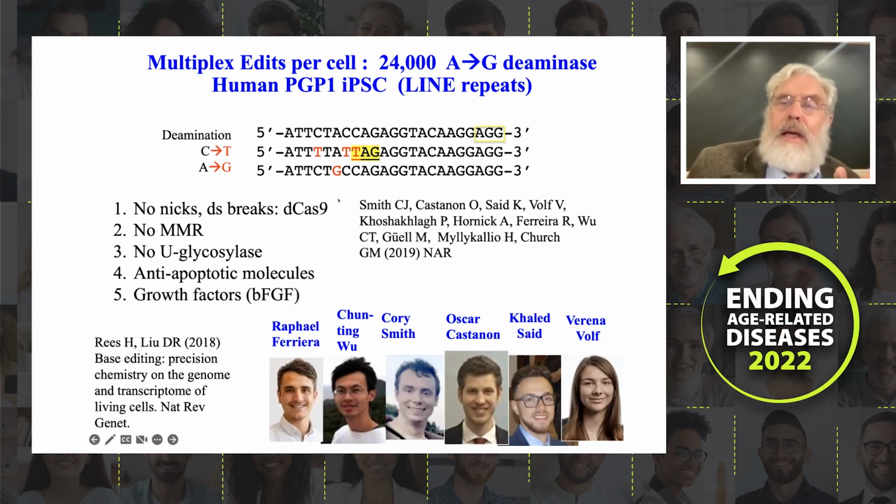That's relatively benign, but the nicking and cutting versions of this deaminase are almost immediately lethal to the cell. But after we've made the 24,000 edits and we now switch to that normally lethal nuclease, it's no longer lethal because all of its sites have been removed. That last bit of work is from Chunting Wu and Raphael, but the preliminary work was Corey, Oscar, Khalid, and Verena, published in this EARD paper.